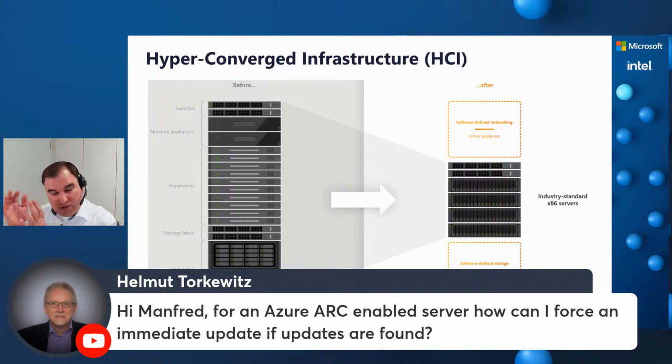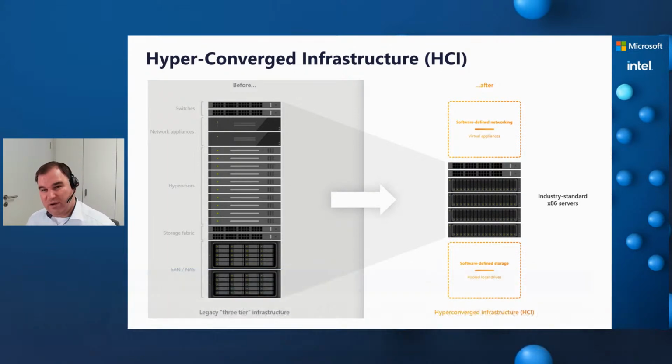So this is additional functionality. Some of these additional functionalities produce additional costs. Azure Arc is for free. But if I configure, for example, Azure Monitor, then there could be costs depending on my monitoring volume each month. And Azure Update Management is an additional service without additional costs. So it's free of charge. Today it's free of charge.